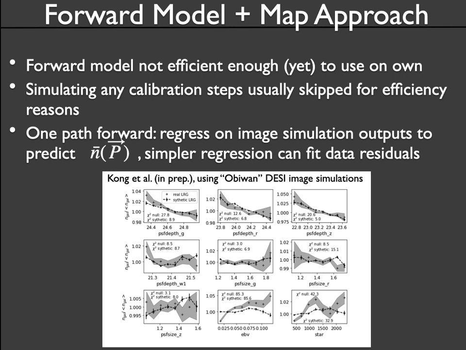There's the depth and PSF size variations. Some of the trends with the foregrounds are not, but if we just potentially use the forward model for the data quality variations and regressions for the foregrounds, then maybe we've removed less from the regressions.